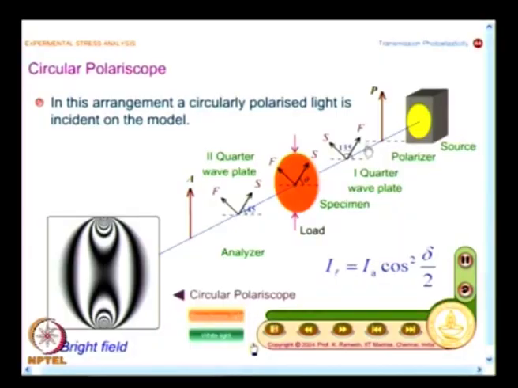Because when you look at the logical explanation, I have this, and if I have this as a complementary arrangement, you get a plane polarized light when the model behaves like a full wave plate. And this is the reason why in conventional photoelasticity people never bothered about calibrating a polariscope.